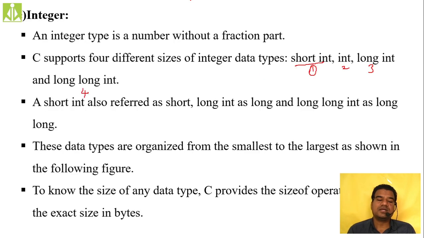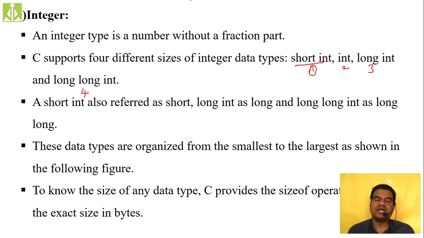So integer types, depending upon the values they take and depending upon the size your compiler will allocate, have been categorized into 4: the short integer, integer, long integer, and long long integer. So just for simplicity, we can call the short integer as short, normal integer int only, long integer as long, and long long integer as long long.